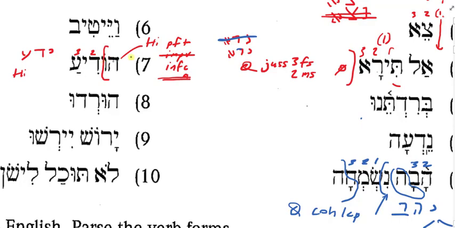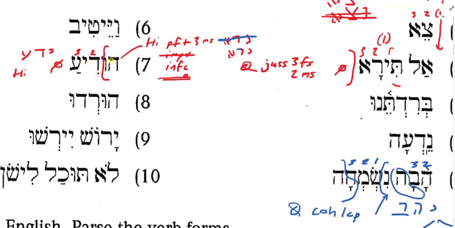And as it turns out, it could actually be either one. All right? If it's a hifil perfect with the 0 ending, it's 3ms. If it's a hifil infinitive construct with no ending, there's no pronominal suffix, then that's it. I'm done parsing it, right? So how would I translate this verb? Yada in the cal means to know, so in the hifil it would mean something like to make someone know, to inform them of something, right?